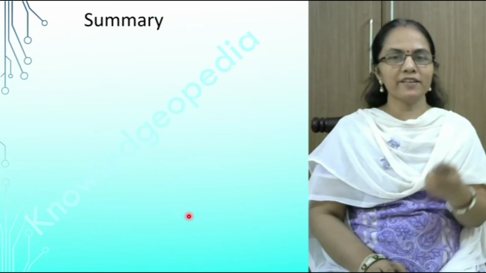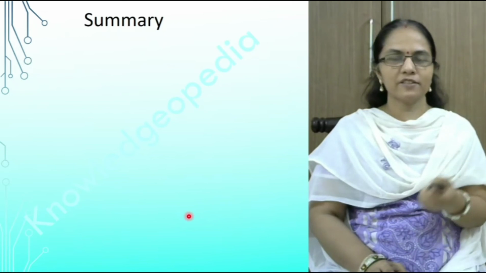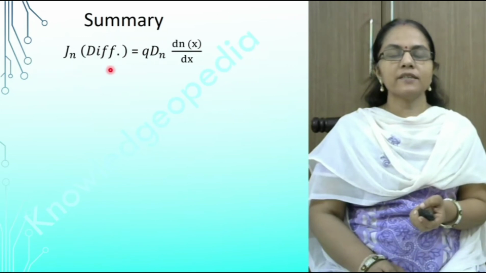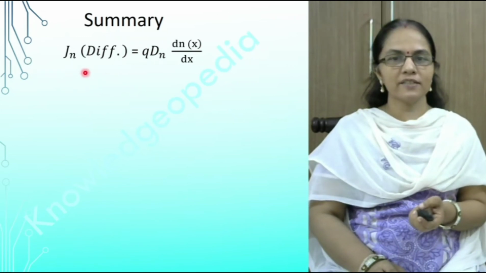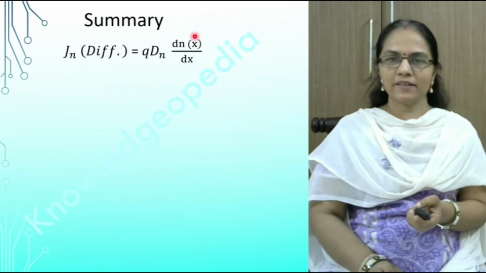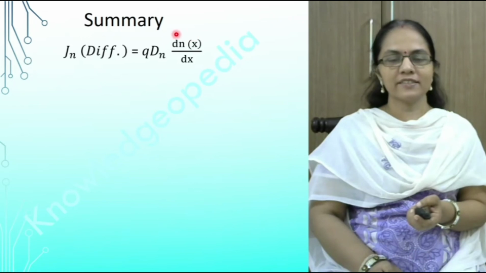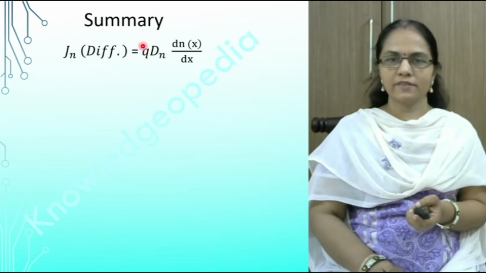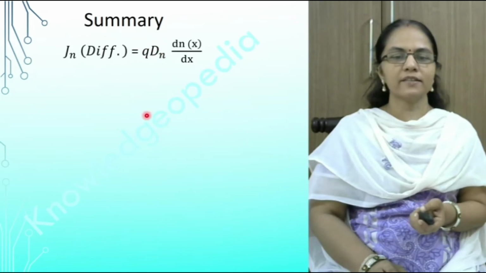Let us now summarize all the equations for carrier transport that we have obtained till now. This is the diffusion current due to electrons, equal to Q Dn dn by dx. What is dn by dx? That is our electron concentration gradient, Q is the magnitude of charge of an electron, and Dn is the diffusion coefficient for electrons.